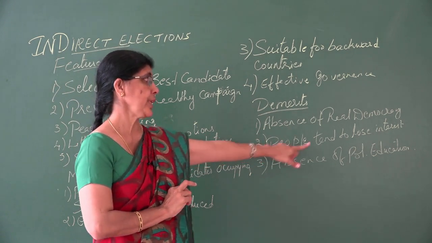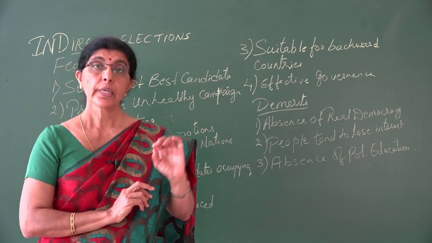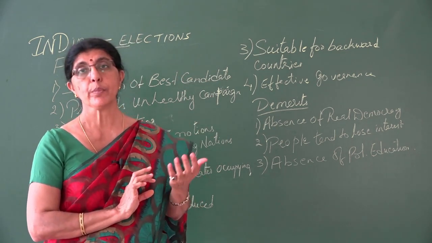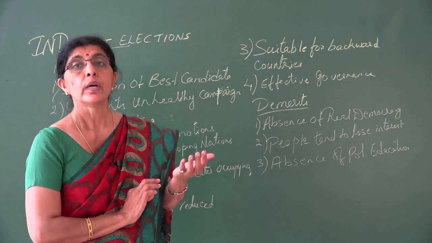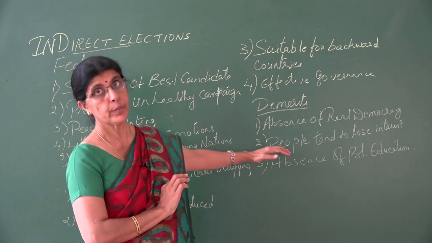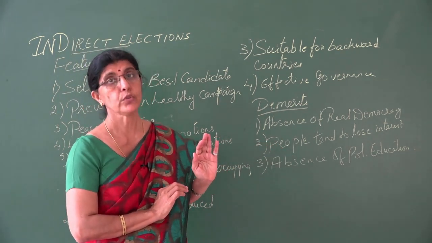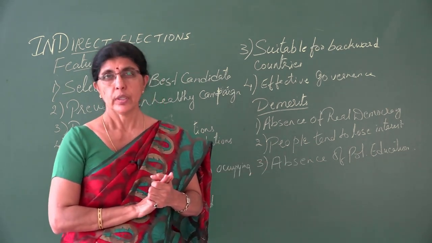Next is people tend to lose interest. People tend to lose interest in the elections of the President of India, whereas in the Lok Sabha elections, the people are interested, the voter is interested. Even when the upper house members have to be elected, the people are not at all interested. They lose interest in such elections. Absence of political education.